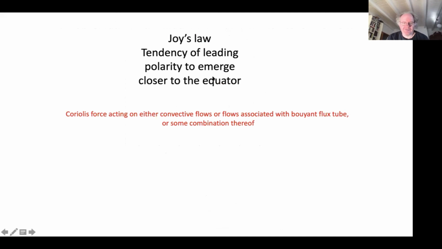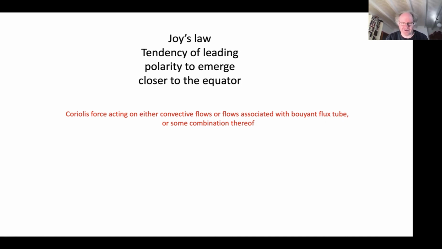So now we have Joyce law, and this is the tendency of the leading polarity to emerge closer to the equator as the cause of the systematic component of the toroidal field regeneration. And Joyce law itself is coming from the Coriolis force, but as I said, we don't know yet the exact cause, and in particular, what flows the Coriolis force is acting on.